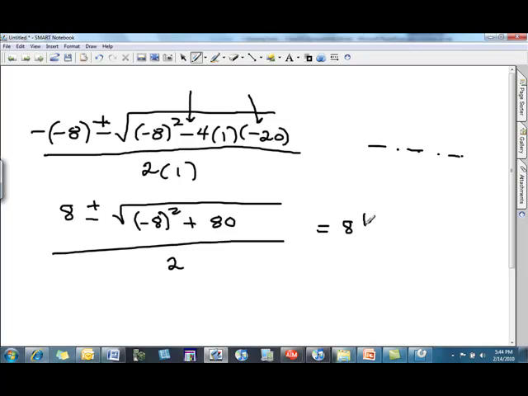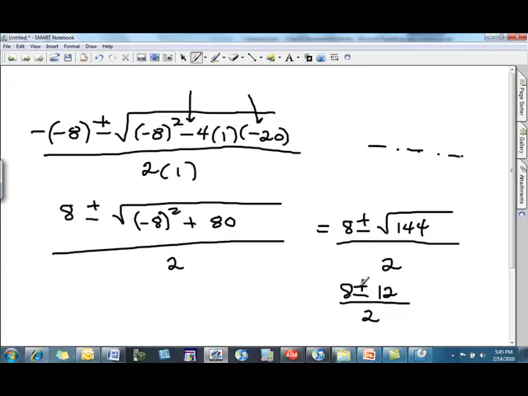So we have 8 plus and minus the square root of 64 plus 80. Let's see, 6 and 8 is 14, so 144, which comes out nicely because we do have a perfect square root of 144, which is 12. So we have 8 plus and minus 12, all that over 2. This means we have math for two problems.